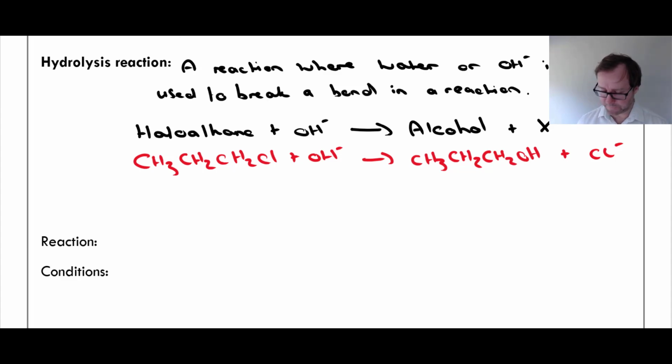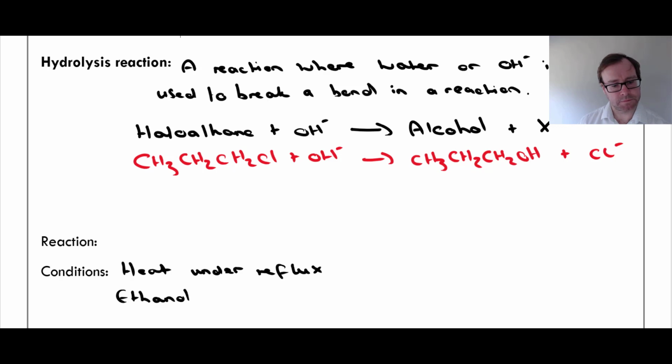So what do we need for this reaction to happen? We need to heat under reflux, and also we need to use ethanol as a solvent. Now I've added hydroxide ions.